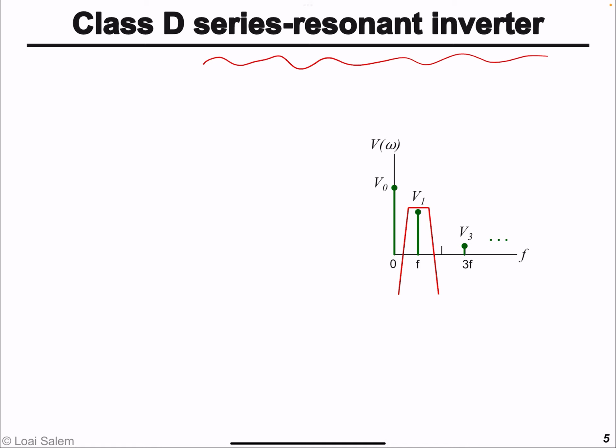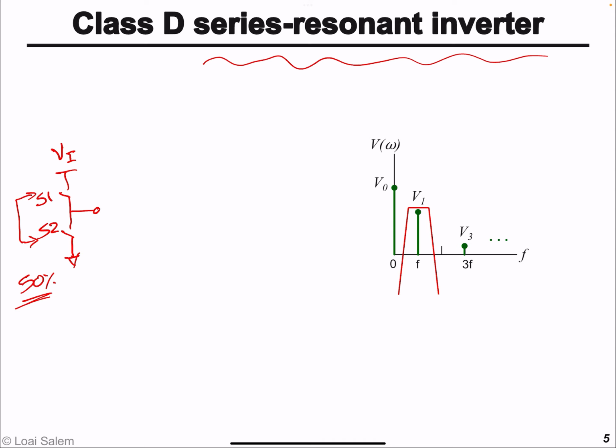So what are the components of a Class D series resonant inverter? It consists of a half bridge, which is basically two complementary switches. When one switch is on, the other switch is off, and vice versa. These complementary switches are supplied from an input DC voltage, VI, and they operate in complementary fashion with a 50% duty clock.